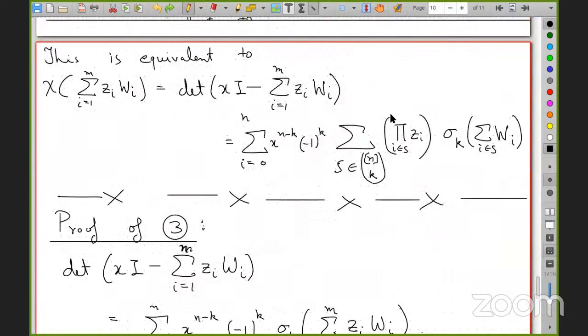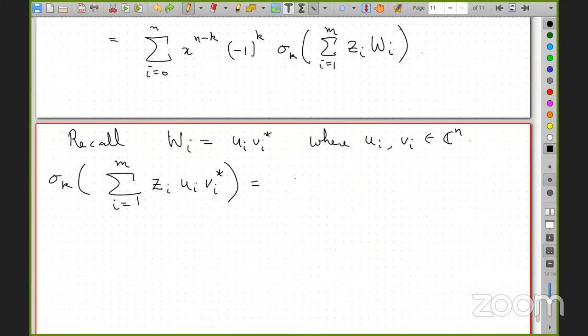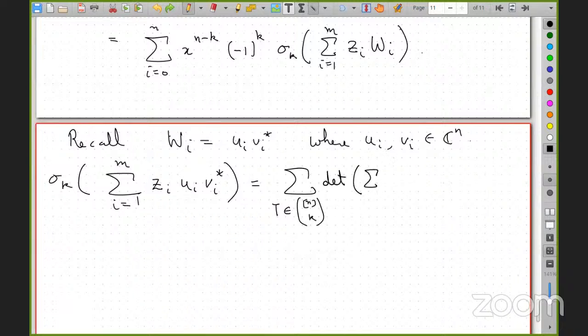So let's put t in n choose k, and so the determinant of the summation of zi ui t vi star. This is conjugate transpose. Usually it's a dagger, so sorry that I used that.